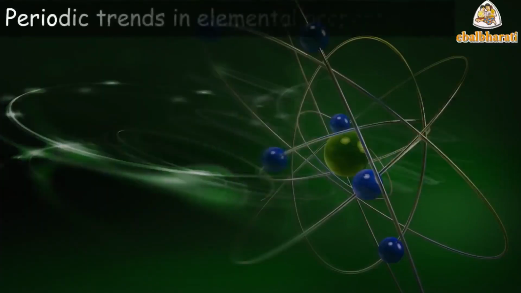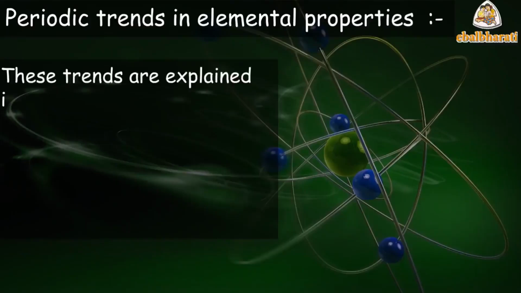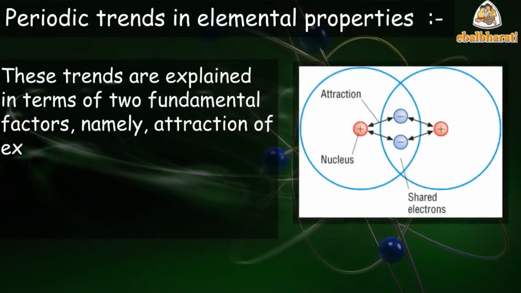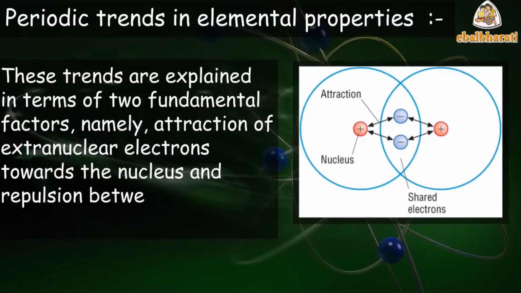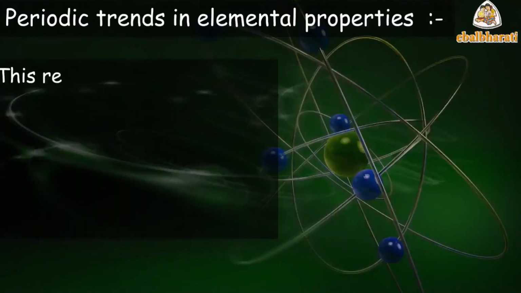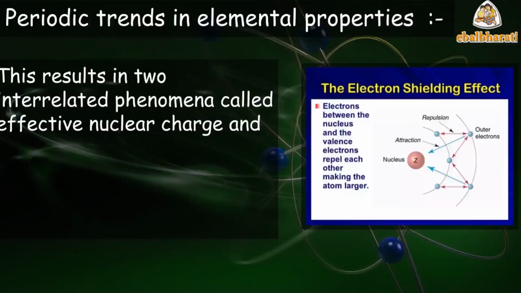Periodic trends in elemental properties. These trends are explained in terms of 2 fundamental factors, namely attraction of extranuclear electrons towards the nucleus and repulsion between electrons belonging to the same atom. This results in 2 interrelated phenomena called effective nuclear charge and screening effect.